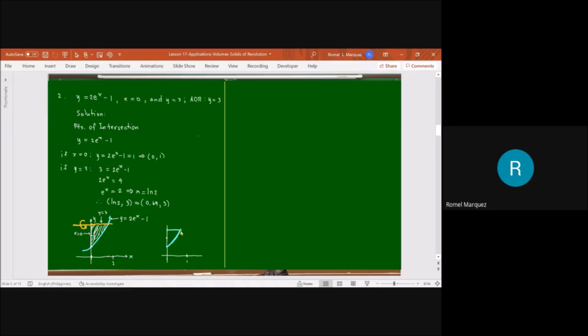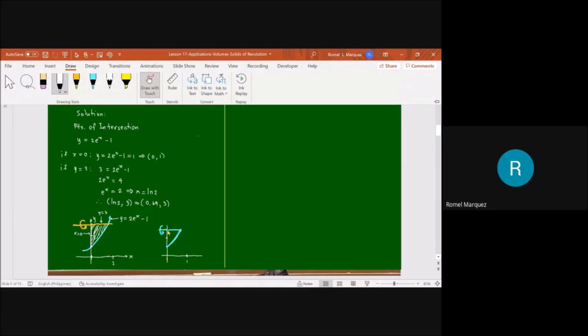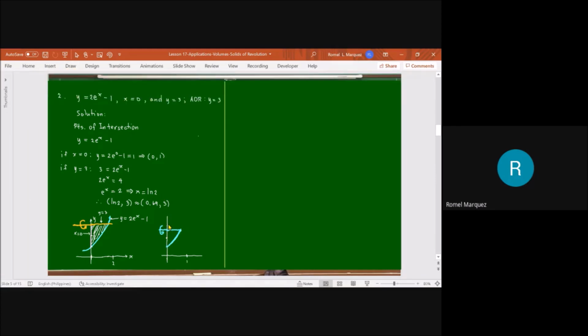Okay. This shape, when revolved about this line, you will generate another one like this. 1, 2. So we count to 1, 1, 2, up to this. So this is where the reflection is.